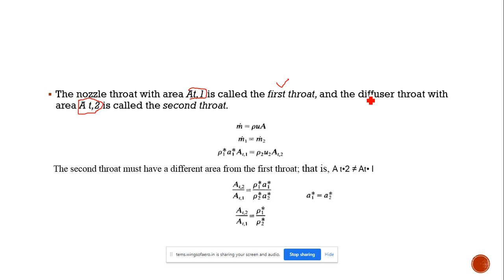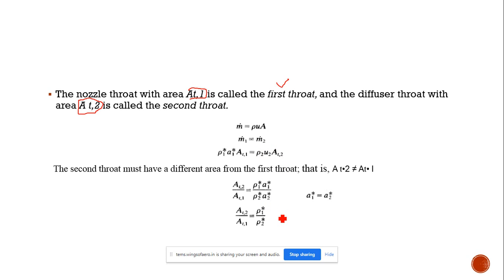Here we are taking the mass flow as m equal to rho A V. The velocity we are considering as a star, because everything is at the throat only. So rho star, a star, and At1 for the nozzle throat is equal to rho 2 star, a2 star, and At2.